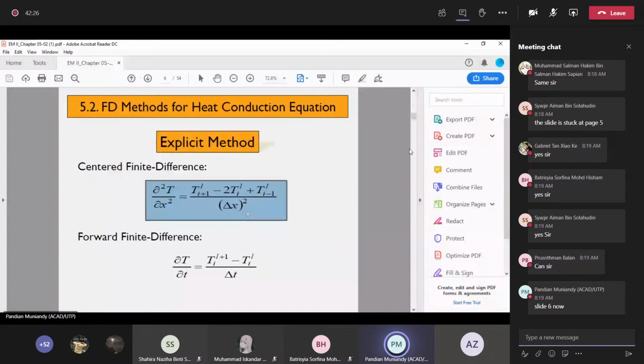Please write it down, because we need this equation. This equation is already well established, so it is available and we use it to perform the numerical computations.